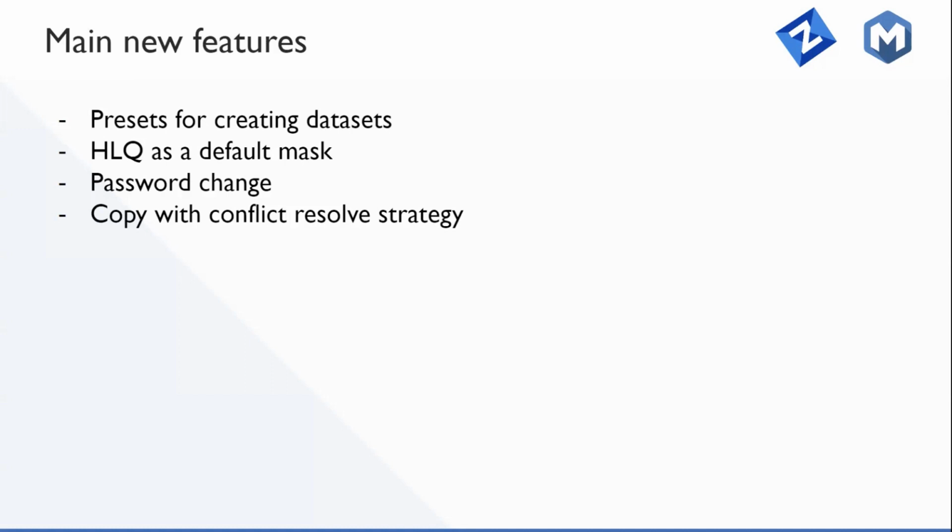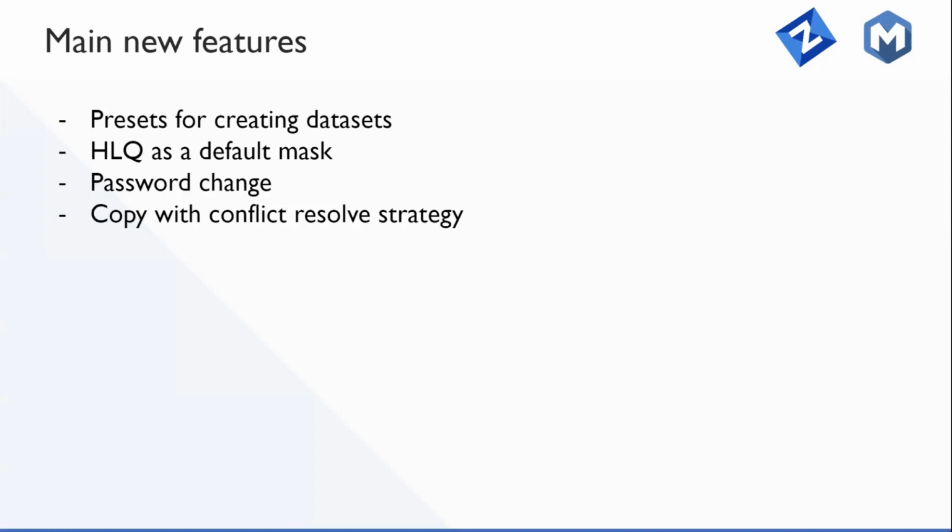The next thing was firstly addressed as a GitHub issue, but we've decided to separate it into two parts. One of them is an HLQ as the default mask during the mask creation.